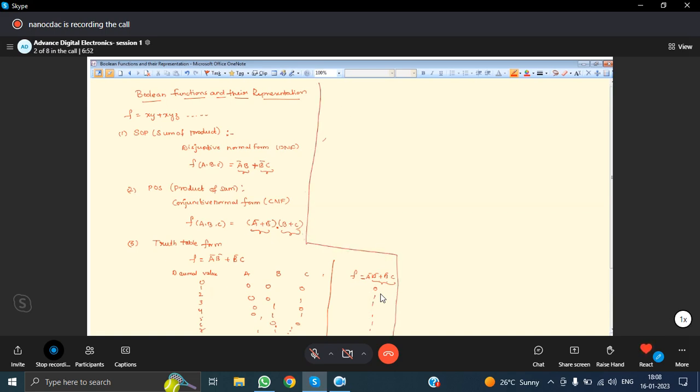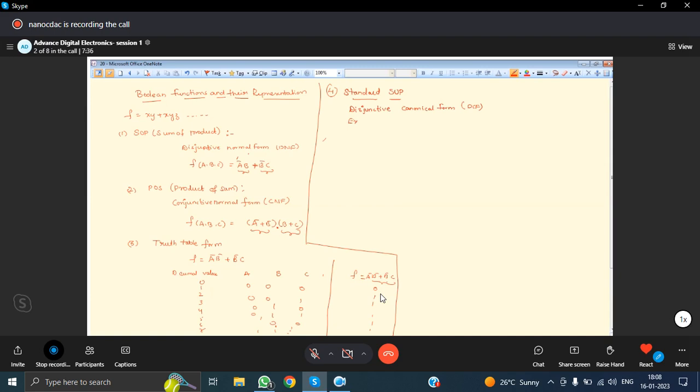The fourth method of representing a function is the standard SOP form. This sum of product is different. The standard sum of product form is also called disjunctive canonical form, or DCF.